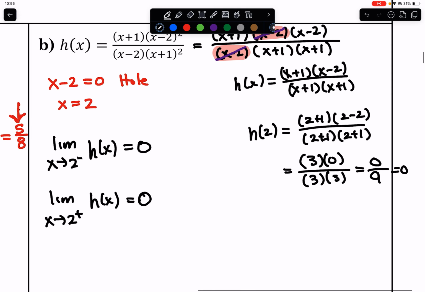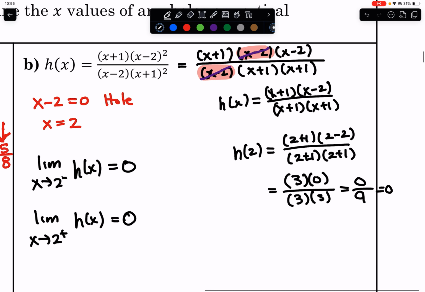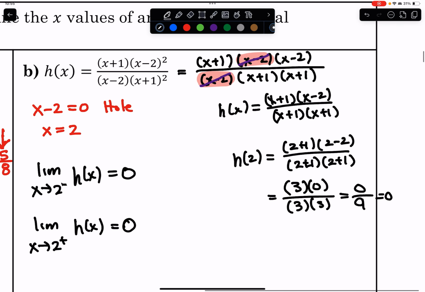Now, let's talk about the other one. x plus 1, we have two of those. Those would be the location of vertical asymptotes as long as they don't match up with the top. And well, one of them does match up with the top.